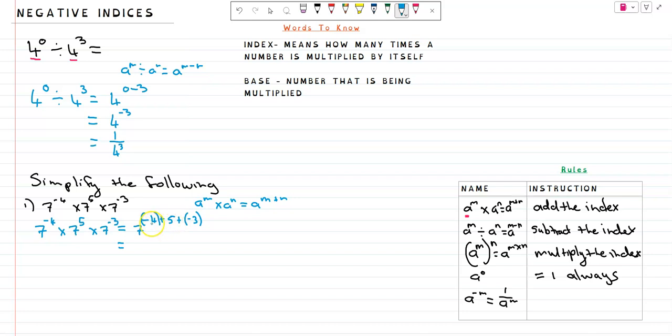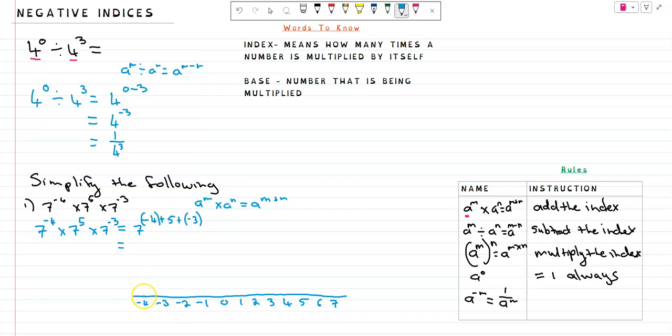Okay, so let's look at it as a number line situation. We have a number line. We have negative 4, negative 3, negative 2, negative 1, 0, 1, 2, 3, 4, 5, 6, 7. And it says here plus.